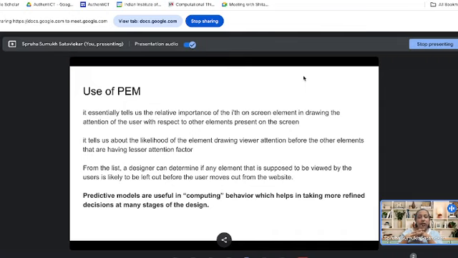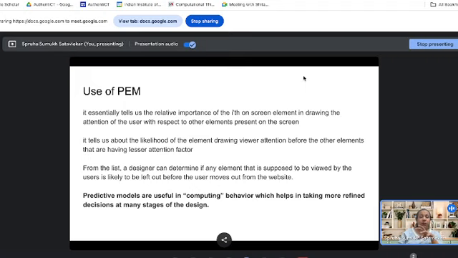It essentially tells us the relative importance of the ith element on the screen in drawing the attention of the user with respect to the other elements present on the screen. It tells us about the likelihood that the element will draw your attention before the other elements that have less attention factor will be seen. So that is the key.